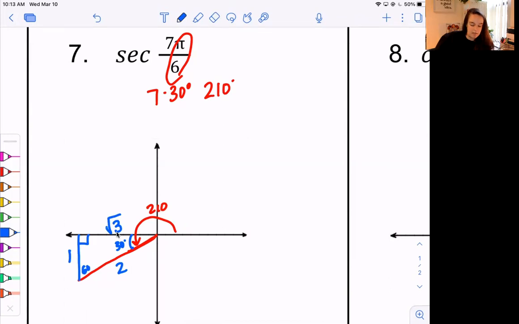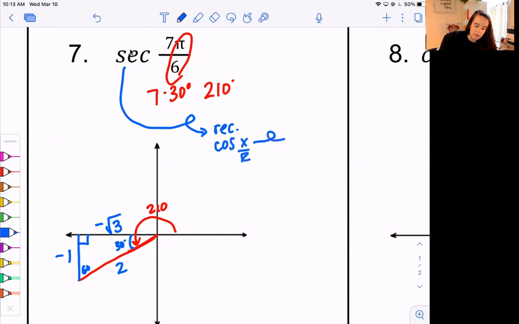So think about your positives and negatives. I have a negative 1 here, because I'm in the negative x and the negative y. Secant is the reciprocal of cosine. Cosine is x over r, so we would have r over x is what we're looking for here. My r is 2, and x is negative square root of 3.